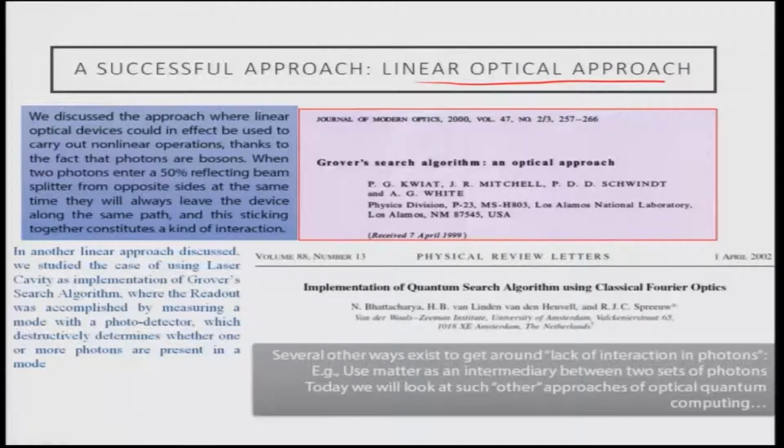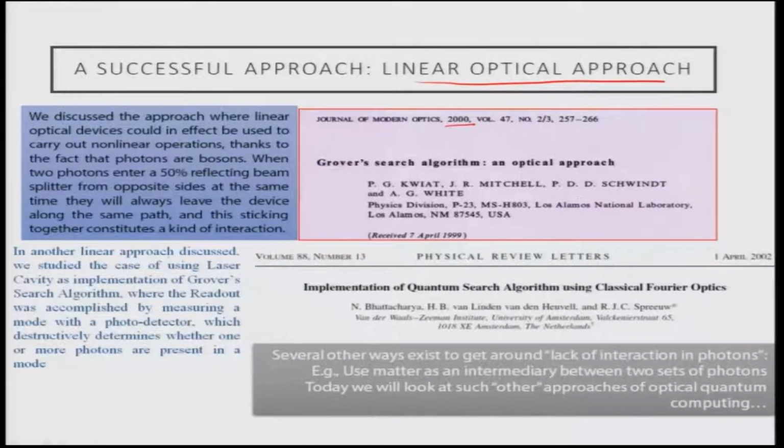When two photons enter a 50-50 reflecting beam splitter from opposite sides at the same time, they will always leave the device along the same path, and this sticking together constitutes a kind of interaction. This was one of the advantages utilized, and this work was first shown in the year 2000 by White and others, showing that it can be applied to Grover's search algorithm.